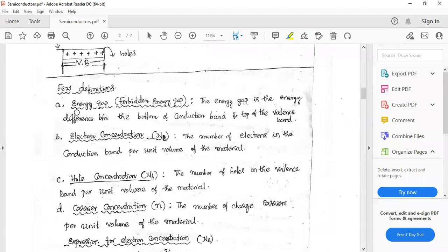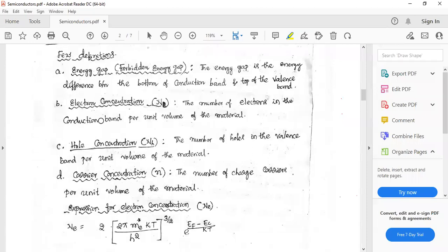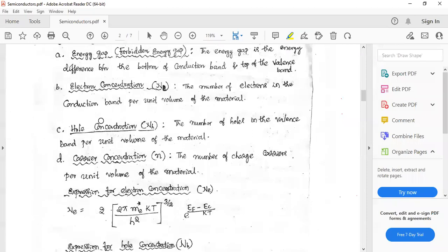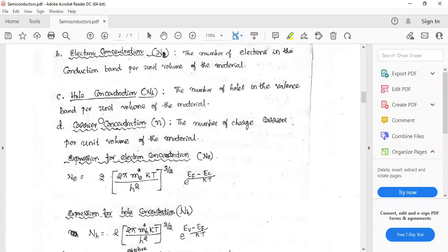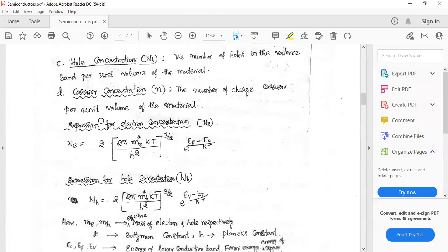I have given some definitions: energy gap, electron concentration, hole concentration, then carrier concentration. In the examination, they will just ask you to write down the electron concentration in the conduction band. Electron concentration means density of electrons, the number of electrons per unit volume of the material in the conduction band.